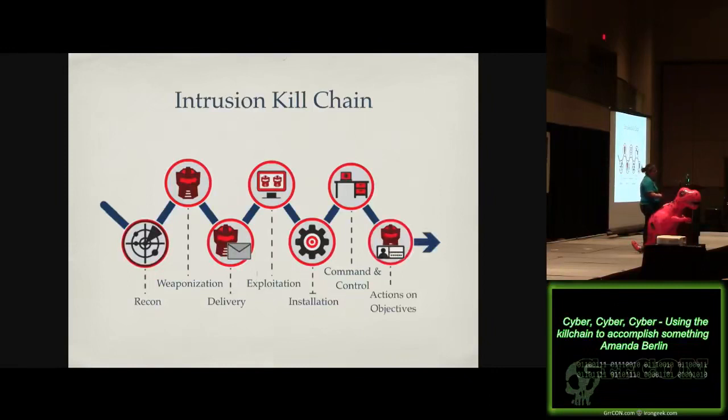And then the last one is actions on objectives, and that's the ending. That's where they've gotten what they came to steal, whether they've created a hotbox for a botnet, exfiltrated information, popped a box and gotten the information they wanted, corrupted the data, whatever. So those are the 7 steps of the kill chain that none of us really use.